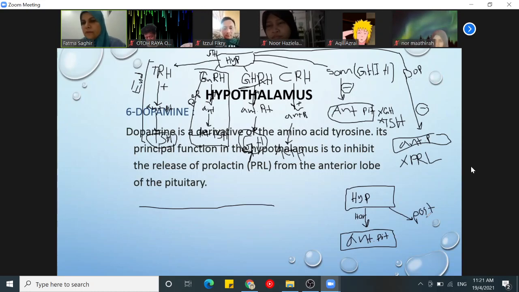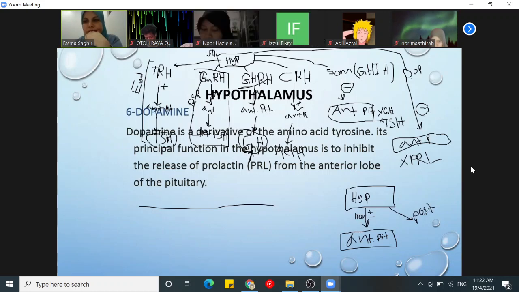So the majority are positive, stimulating. We have two of them inhibitory hormones. So all the hypothalamus hormones are sent to the anterior pituitary, to stimulate or inhibit anterior pituitary. And there is nothing to the posterior pituitary.